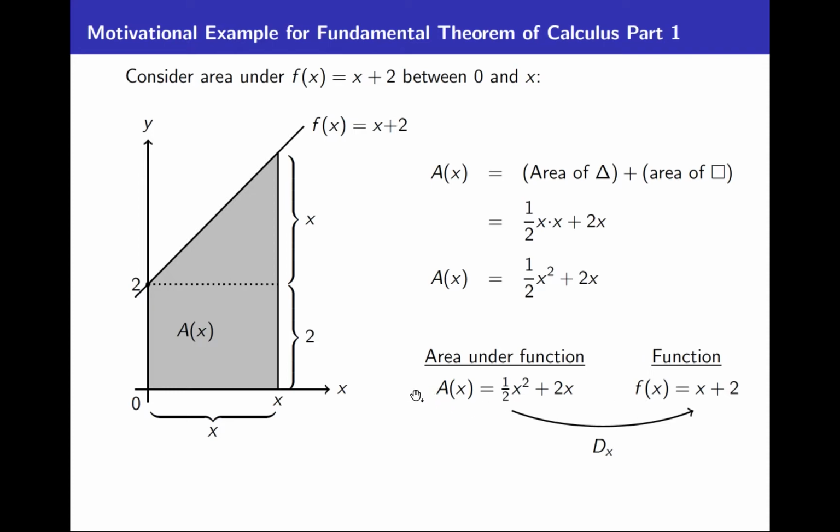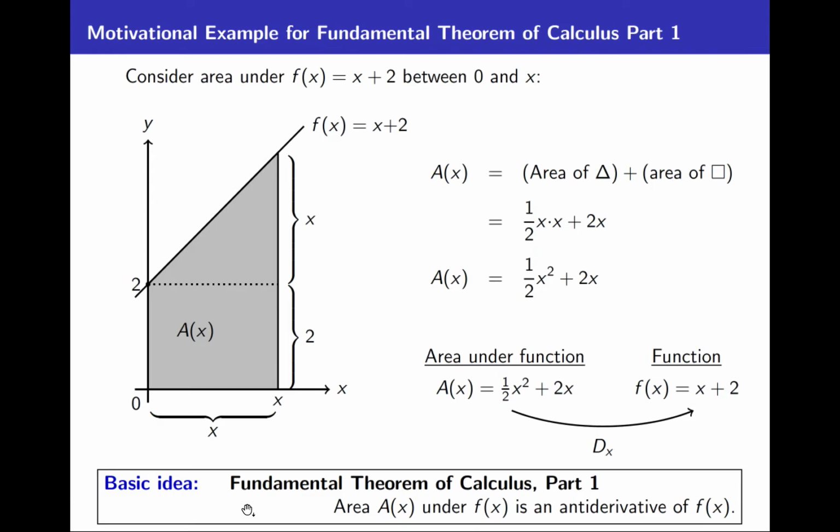What this means is this A of x, the area under the function, is an antiderivative of the function. And that is the Fundamental Theorem of Calculus, Part 1, and its basic idea.